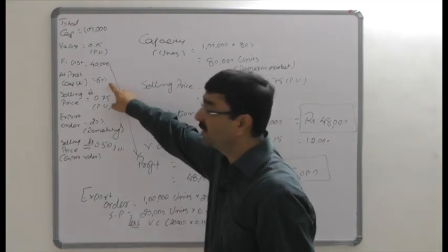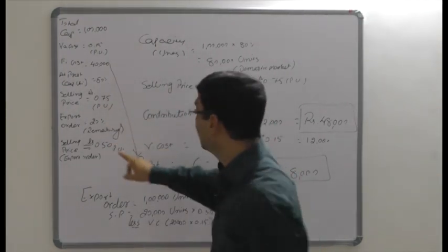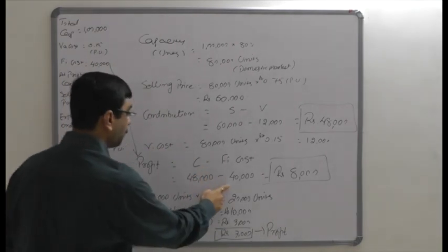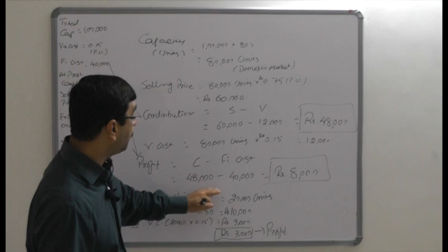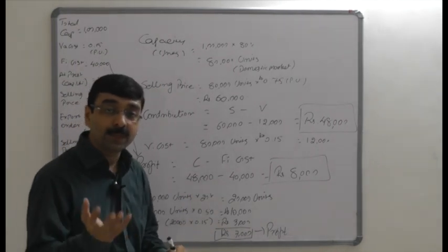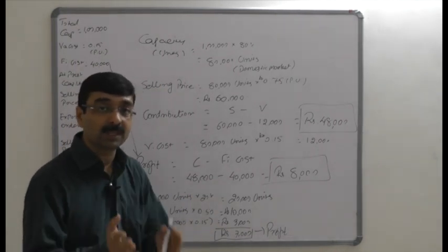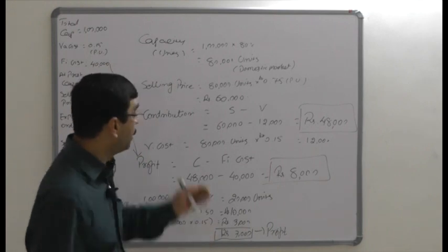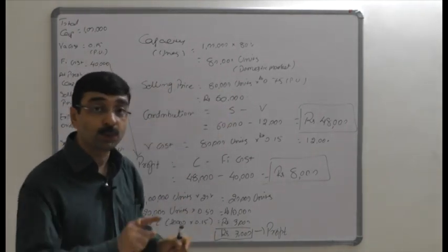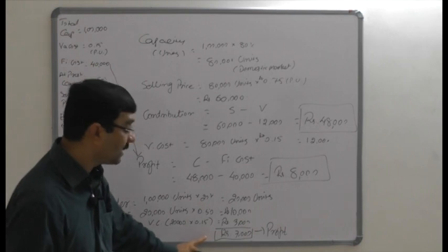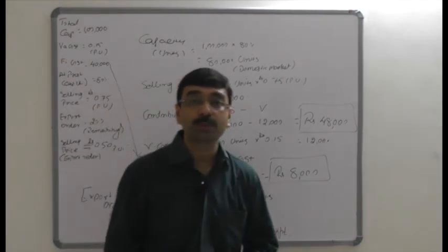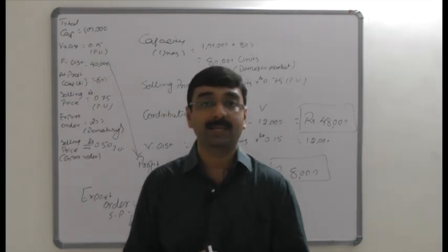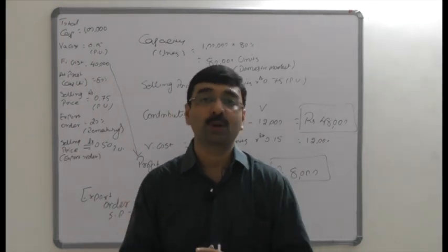Presently they are manufacturing with 80% of capacity, and that fixed cost of 40,000 rupees was already recovered from the domestic sales. That means the fixed cost of 40,000 rupees has already been compensated from the domestic sales, which would not arise again at the time of foreign sales. And that's why the direct amount of contribution earned from the foreign market sales would be considered as a profit.